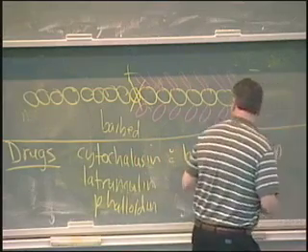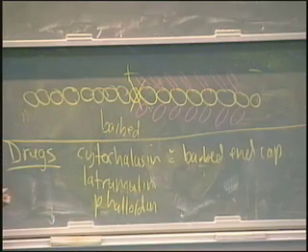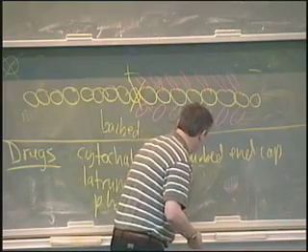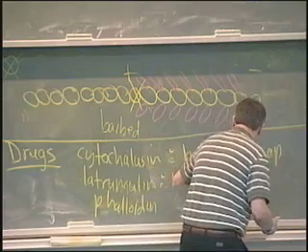So it's a barbed end cap. Latrunculin binds specifically to the actin monomers, and it prevents those monomers from assembling. It basically takes them out of the game. So this is referred to as a monomer sequestering protein, or drug.